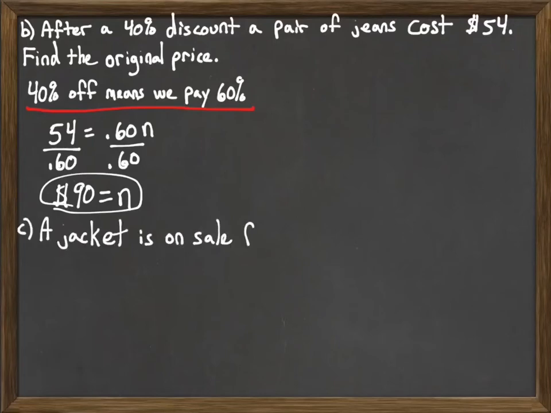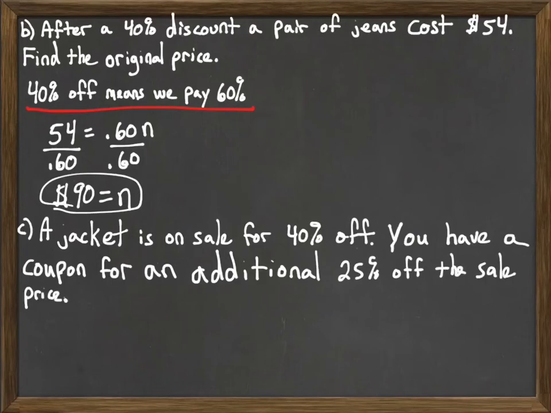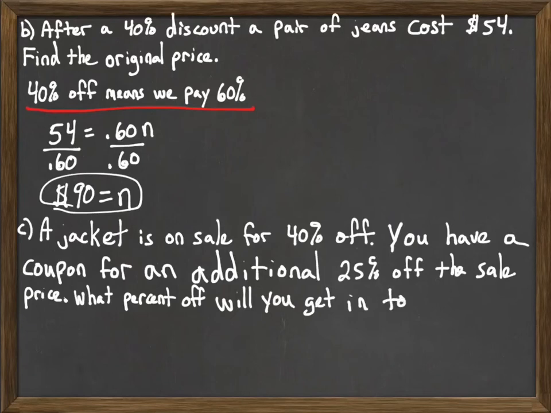Let's ask one last question about this situation of markup or discount. We read here: a jacket is on sale for 40% off. You have a coupon that allows you to get an additional 25% off the sale price. What percent off will you get in total?